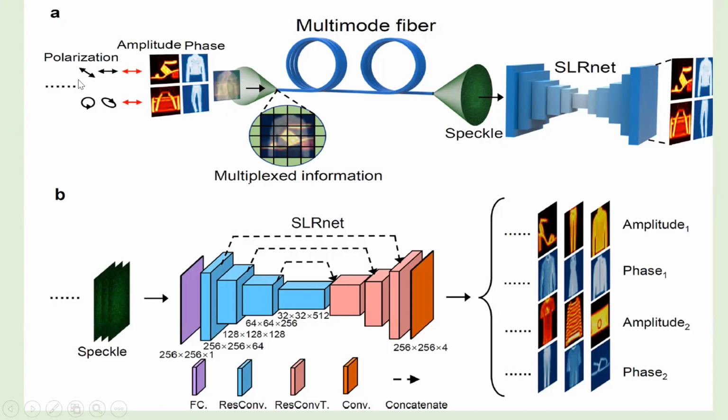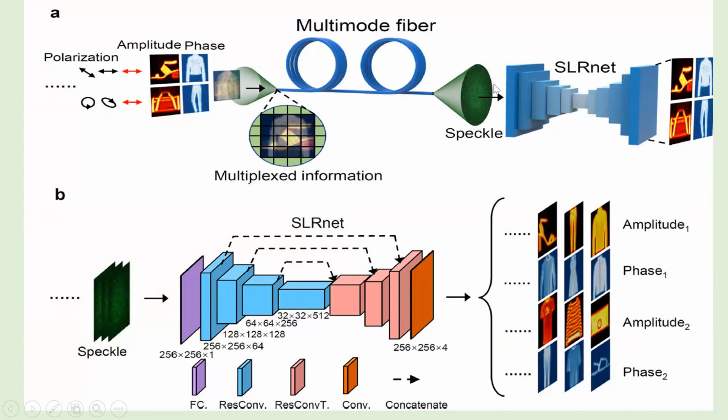These arrows mean polarization, the different orientations of these light fields. Some are circular, some are horizontal, some are diagonal. As they are multiplexed, remember they have information within them. This information is multiplexed and then propagated onto this MMF channel. The MMF channel at its rear end has what we call the speckle output.